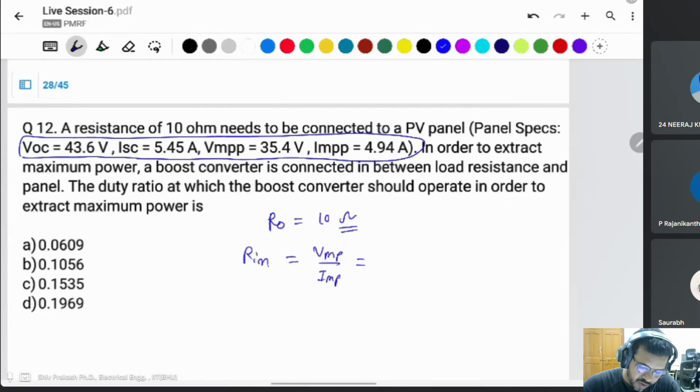You already calculated this as 7.16 ohm. In a boost converter, you know Rin is Ro times (1 minus D) squared. Same thing from the power equation.